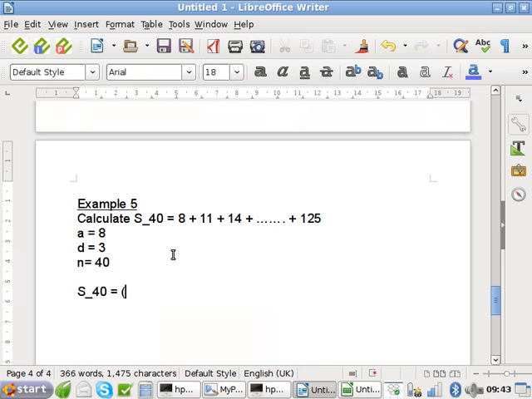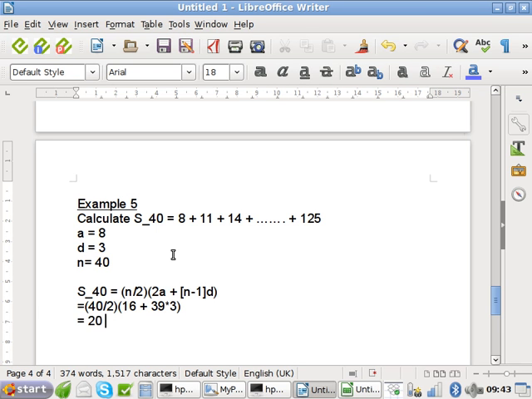The formula is n over 2 times 2A plus (n minus 1)D. So that equals 40 divided by 2, times 2A, that's 16, plus n minus 1, that's 39, times D, which is 3.